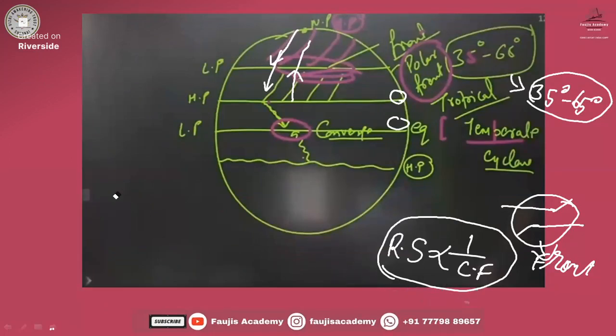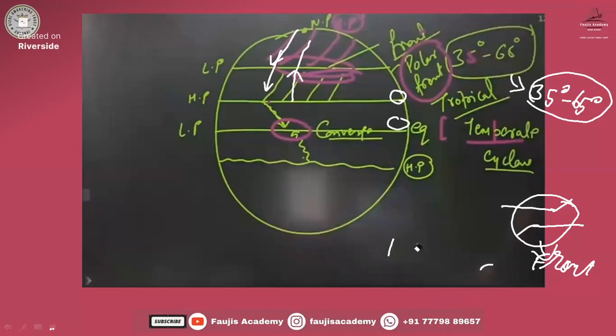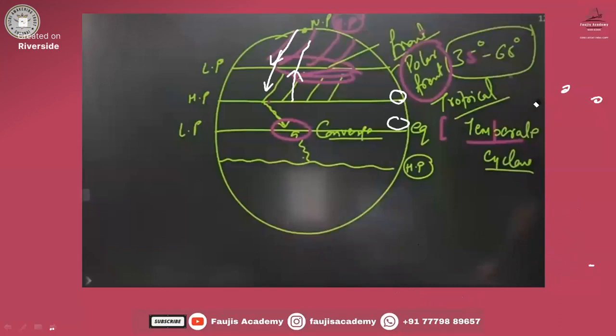So the temperate cyclone is also known as the frontal cyclone. Whereas in this equator area, in the tropical part, we won't have that much front formation. Because of no front formation or little front formation, we have the tropical cyclone. So we'll study the tropical cyclone and also the frontal cyclone.